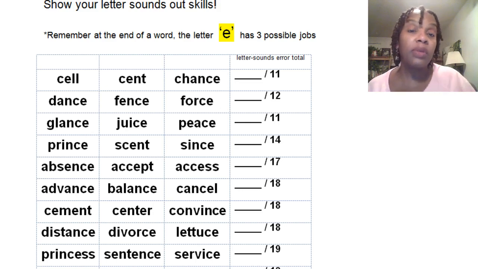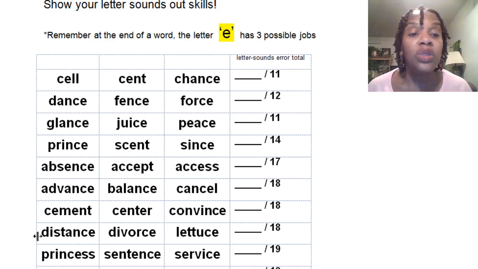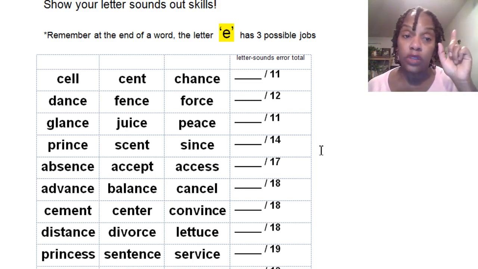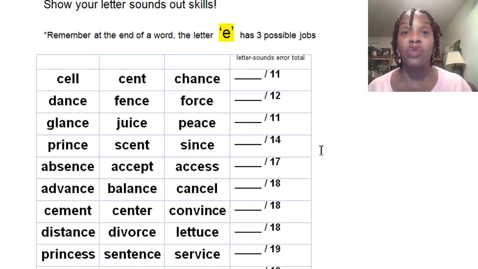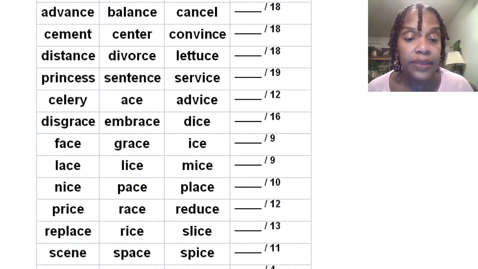So again, you're going to work with somebody, a reader, teacher, to help you with this page, and to make sure that everybody stays engaged. You read a word, and then they read a word. You read a word, and then they read a word. And another thing you should do is to use every single word in a sentence, all right? Because we want you to understand what you're reading, not just sounding out words, okay? So again, that is a part of your homework.